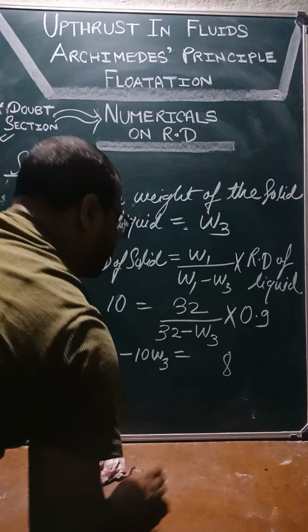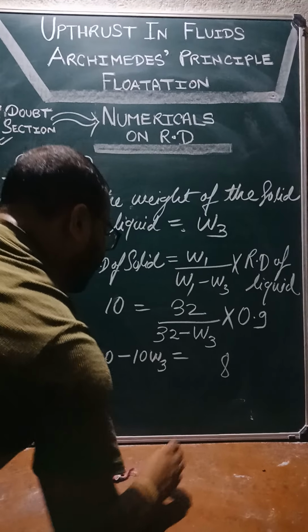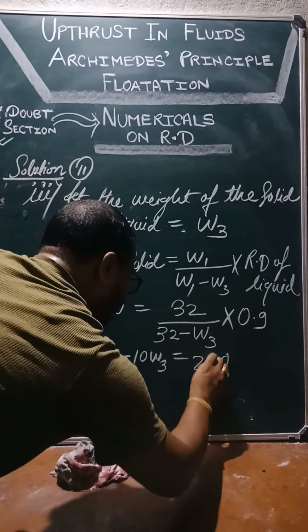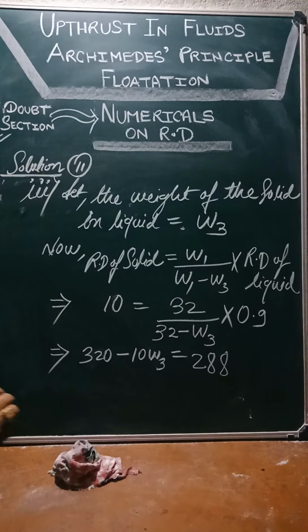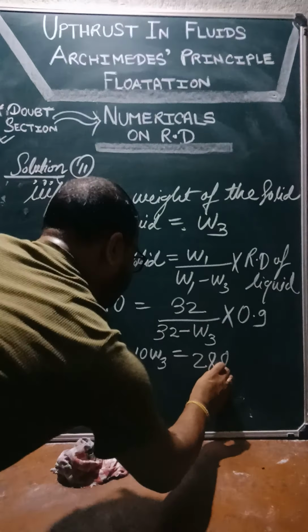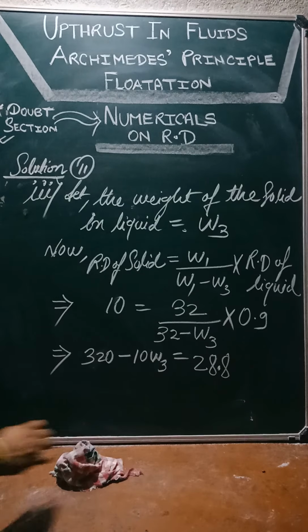9 times 32 is 288, so we can write 28.8. Right, students?